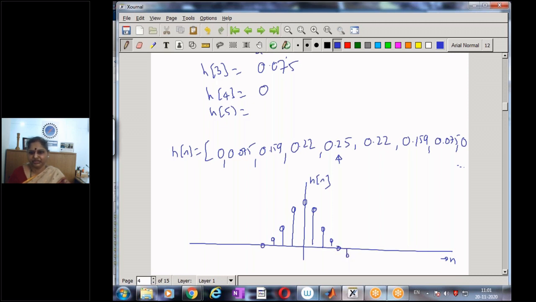Then because it's a sinc function, it will go negative, and again it's going to be 0 at 8, and then it turns positive, and so on. Similarly on the negative side, it's a sinc function, so this is how it goes.